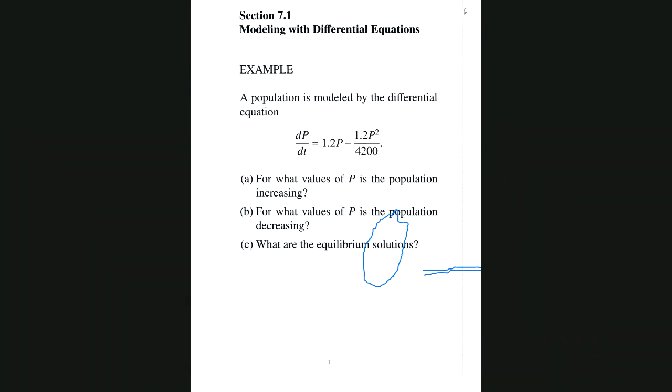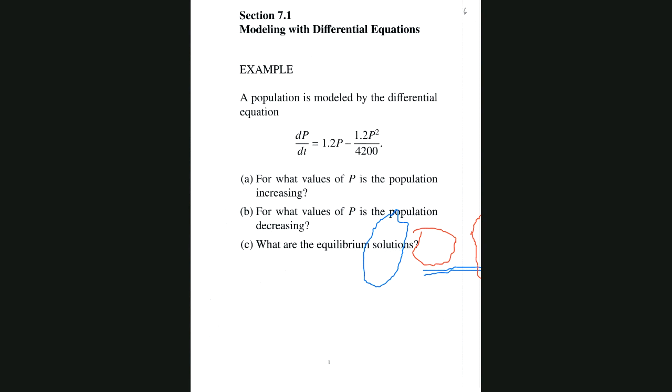What's the common factor between the p and the p squared, the first term and the second term? 1.2p. p's in common, but 1.2p is even better. Very good, Marvelous and Josiah.